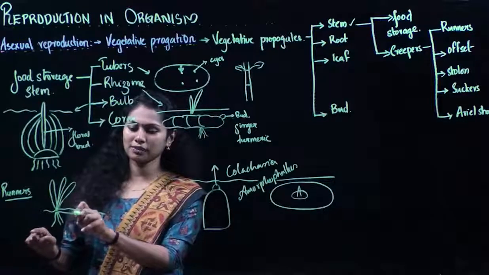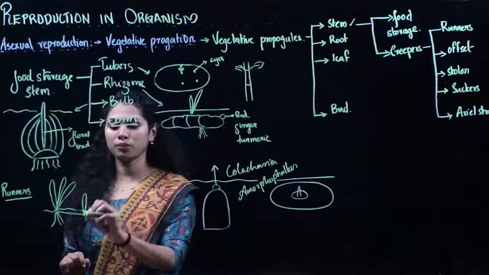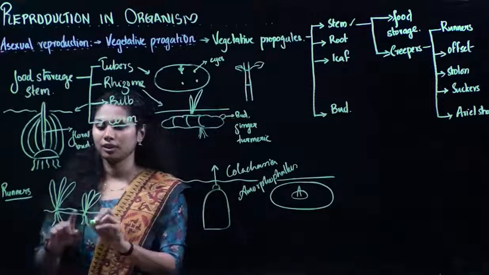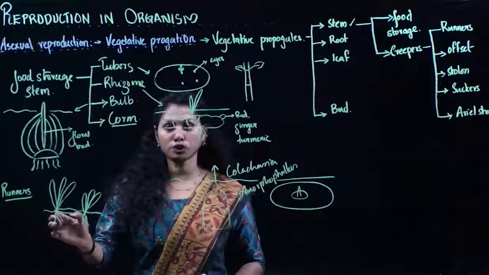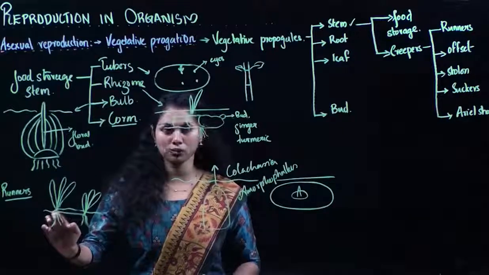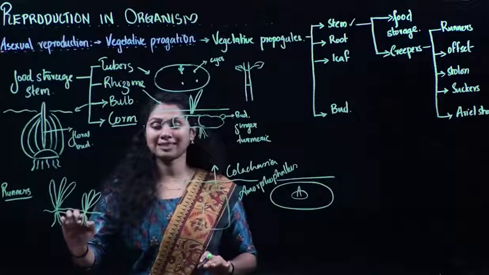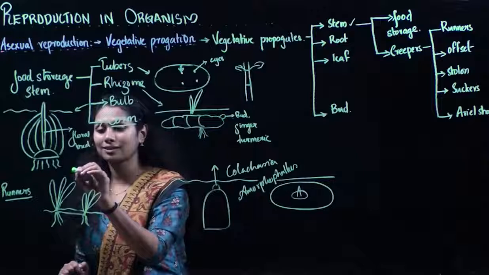From the very next node, a new plant will rise. So these are examples of runners, where a lateral branch rises from the underground portion of the stem and grows horizontally underground, and from the second node a new plant will rise. Example is grasses.